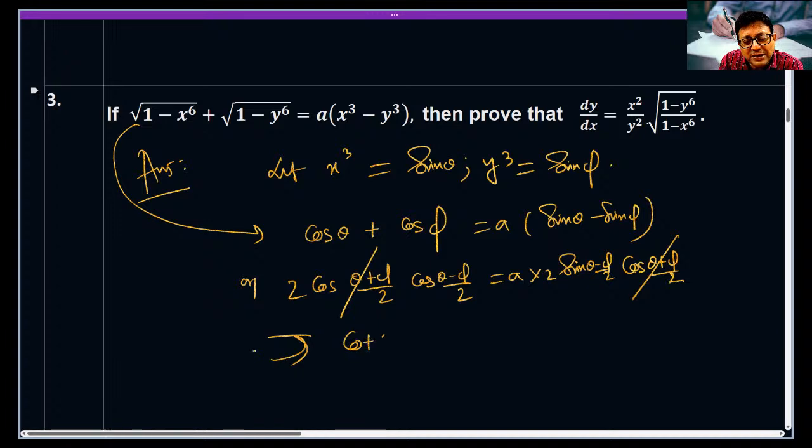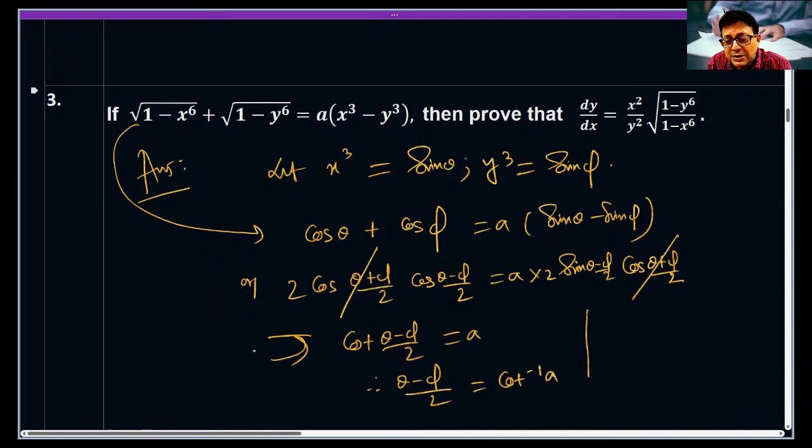So this implies cot of theta minus phi by 2 equals cot inverse a. So what does this imply? Theta minus phi equals 2 cot inverse a.